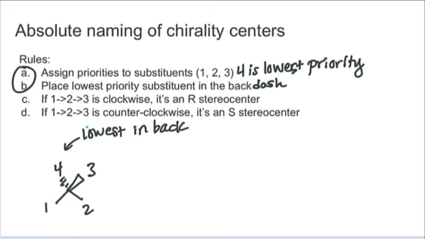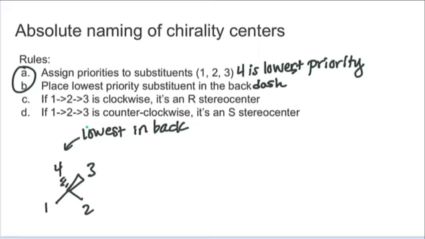And it is now time to move on to rule number 3. If the lowest priority group is in the back, then we can think about what it means to rotate from the group that is numbered 1 to the group that is numbered 2 to the group that is numbered 3.